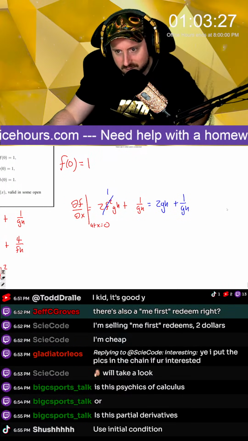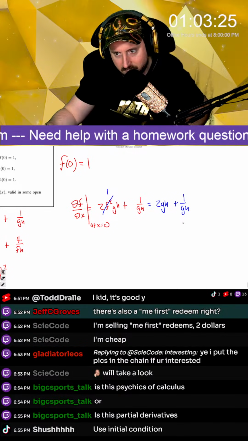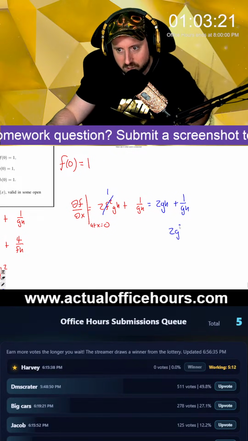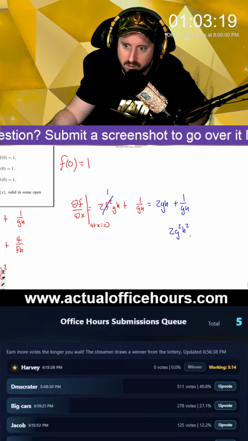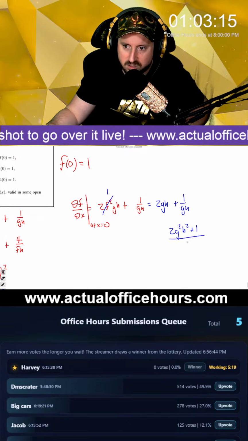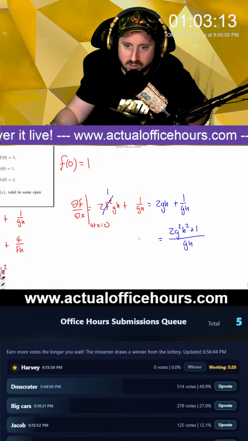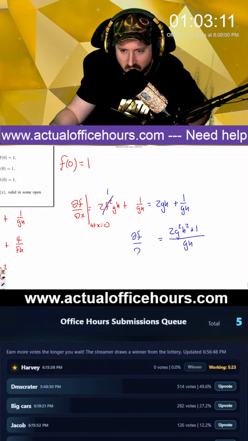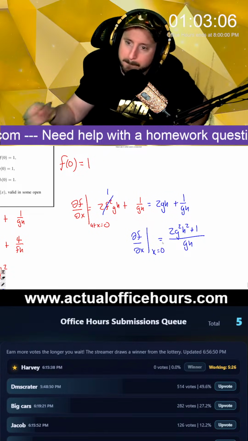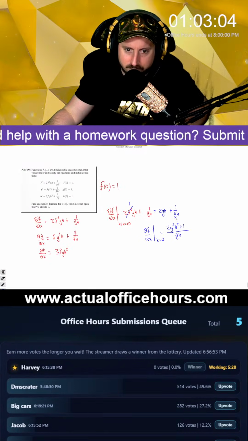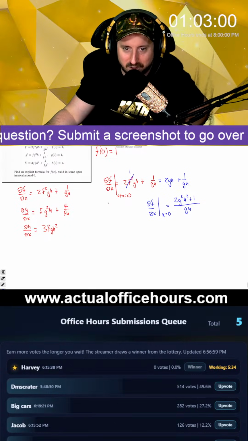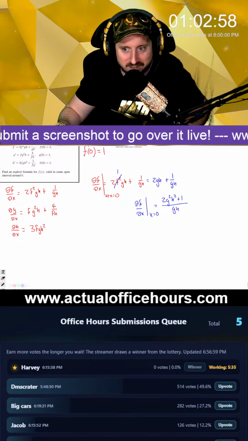So what is that? So 2g squared h squared plus 1 over gh is equal to df dx. I don't know. How does that help me, though? I wish it was equal to 0. That would help me out here a lot. I don't want it to be equal to 1.